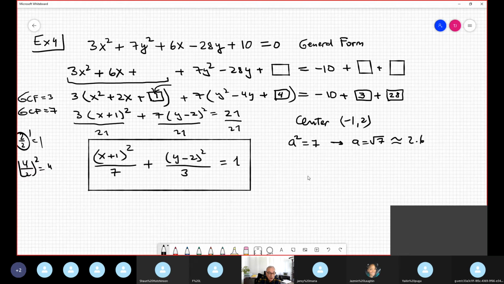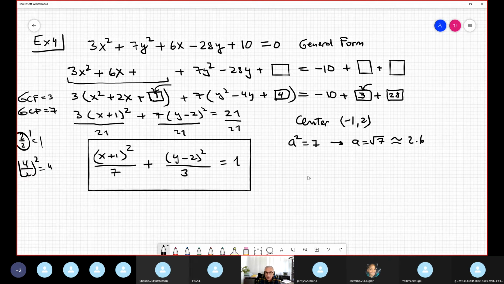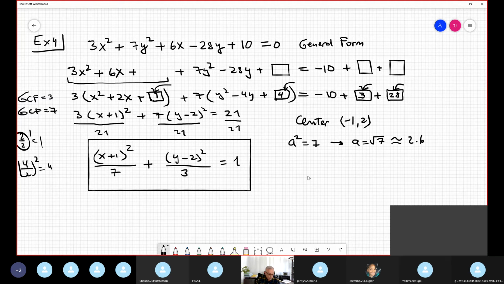Actually, this 1 is not 1, it's 3, because 1 times 3 is 3. That is the reason I put 3 instead of 1. And the 4 that I need to complete the square inside the parentheses, actually, it's not 4, it's 28, because 4 multiplied by 7 is 28. Got it? Crystal clear or confusing? Clear.